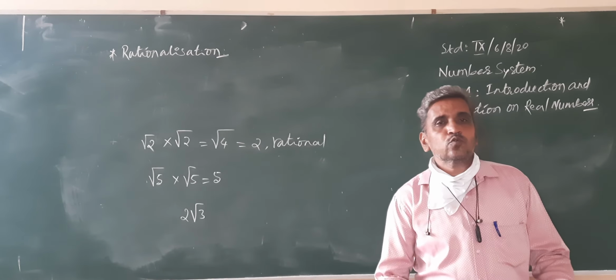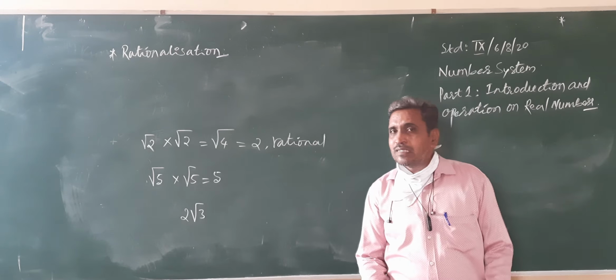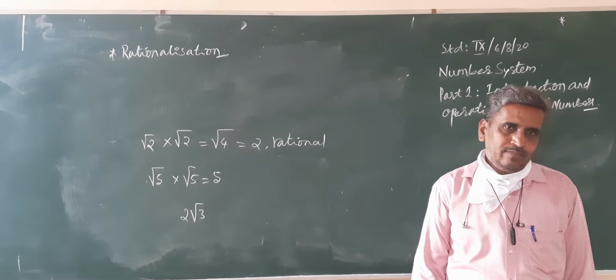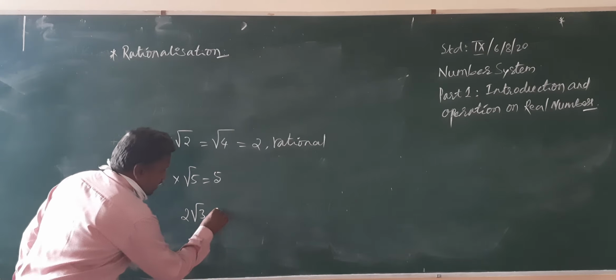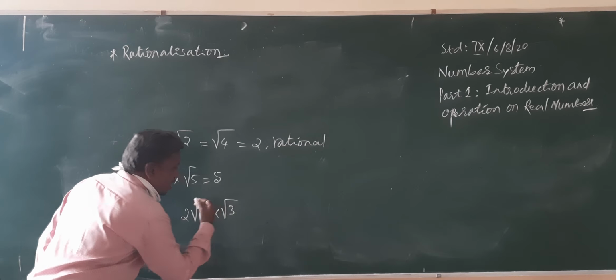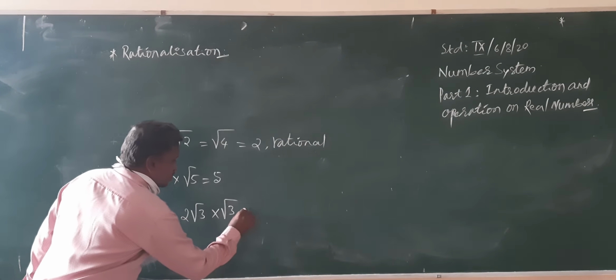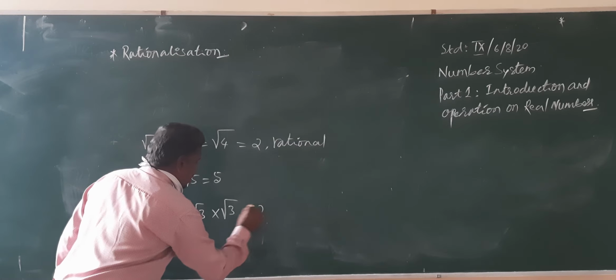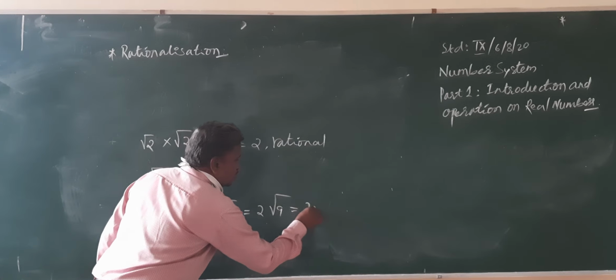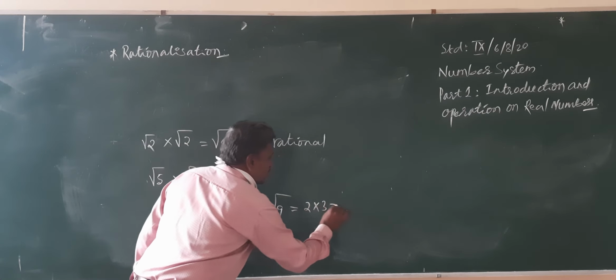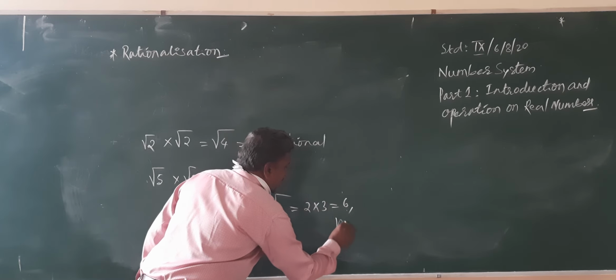Some of them will answer 2 root 3. But other than that, again one answer. Yes, it is multiplied by root 3, which gives 2 into root 3 into root 3, which is root 9, equal to 2 into 3, which is 6, which is rational.